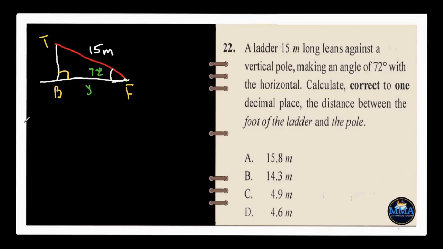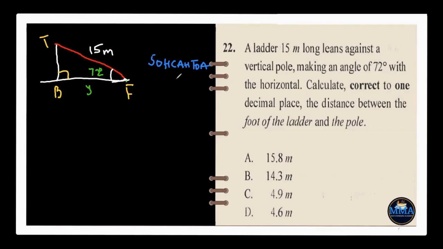And now let's go and use SOHCAHTOA. Of course, I believe we should know how to use SOHCAHTOA. We have the hypotenuse, all right? Of course, opposite is not given, so we can't use sine. We have the hypotenuse here also, and then the adjacent is given.